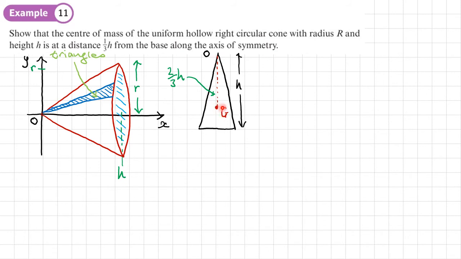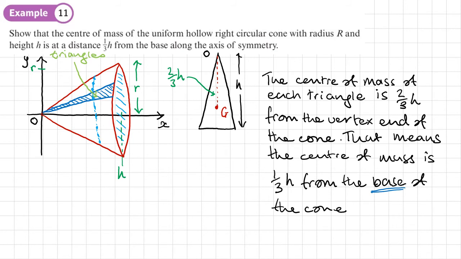So center of mass here is 2/3 h along here. Now that's going to be the same for all of the triangles around this cone. So imagine around this cone, all of these centers of mass are going to be at a distance of 2/3 h. So the center of mass of each triangle is 2/3 h from the vertex end of the cone.